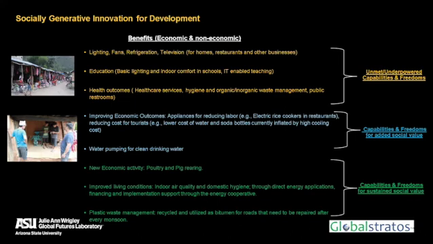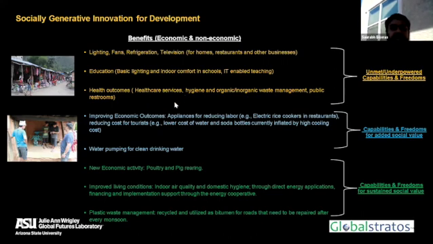So the first set, the unmet or underpowered capabilities and freedoms, is what are the immediate needs. So basic lighting, education facilities, health outcomes, these are unmet needs and probably are the first set of energy services that need to be powered. Then they go on to identifying ways that energy can help improve economic outcomes in existing professions.